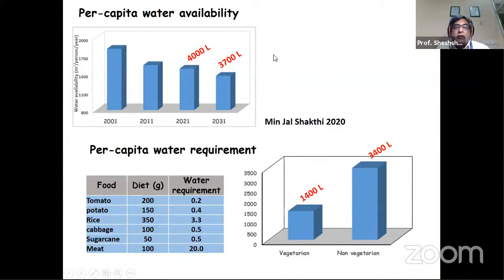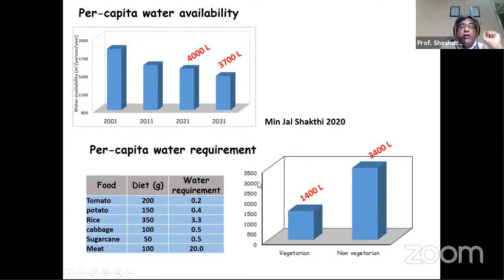In terms of the per capita availability of water, it is depleting very significantly, and what we have now is about 3,700 liters per person per year per day. This may look very high, because urban planning suggests that 135 liters of water should be enough, and in the rural areas it could be something like 65 to 75 liters of water per day per person. But this is the amount of water that we have available.